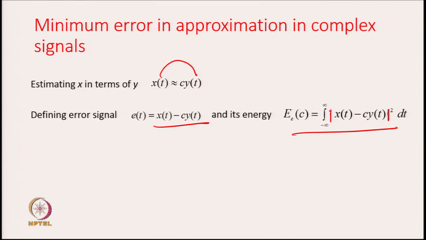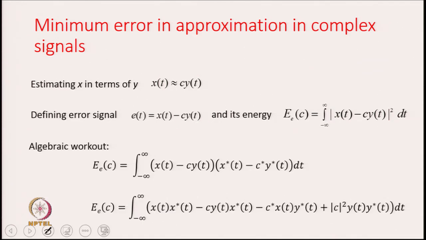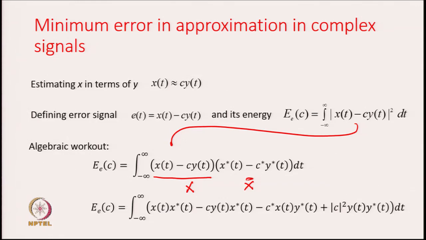Okay. Now, we can also use an identity that mod of x square is x times x conjugate. So, from this we can express this thing as x and x conjugate. Now, we can multiply term by term. So, we can multiply x(t) with x(t) conjugate, this is this here.